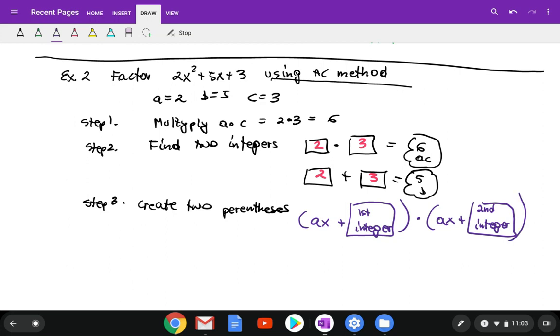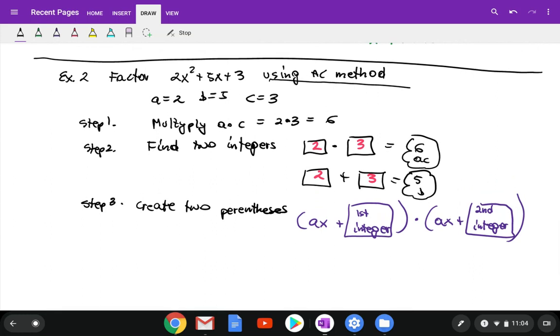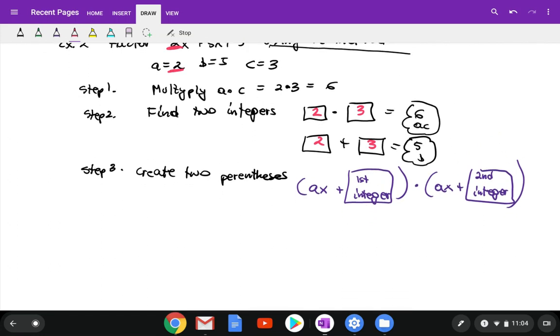Okay, so in our example, this is what we have. a was equal to 2, that's your a. So we're going to have 2x plus the first integer which we found was 2, times 2x plus the second integer which we found was 3.